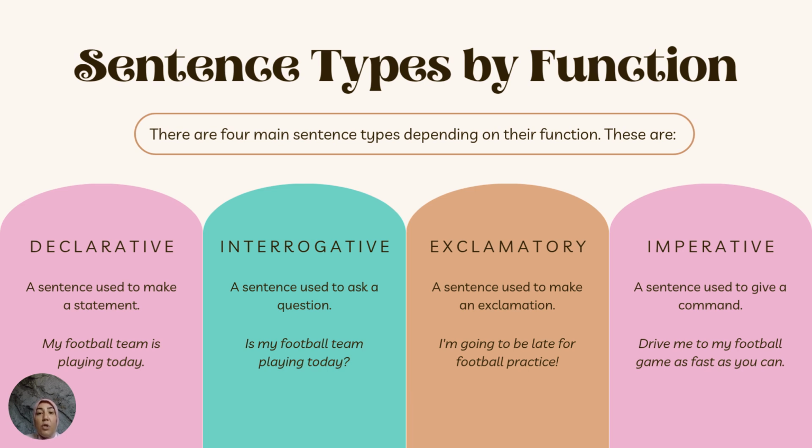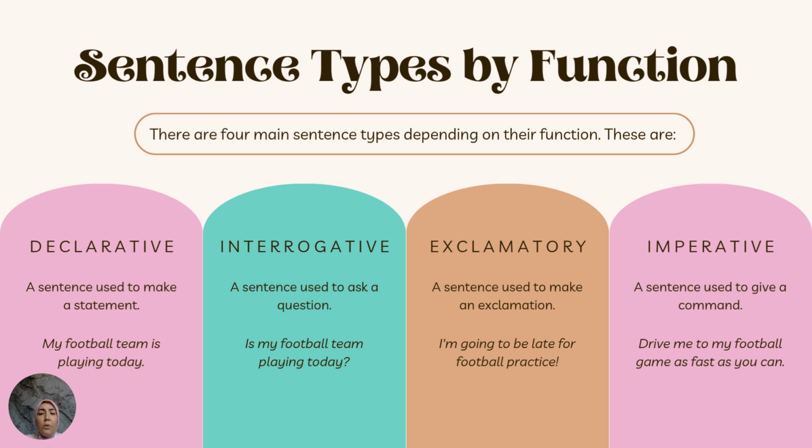Declarative sentences are used to make statements, just simple sentences that we use quite often in our speech. Interrogative sentences are used to ask a question. And exclamatory sentences are sentences used to make an exclamation when you are happy, when you are amazed, surprised.